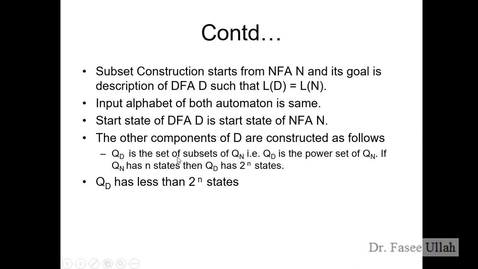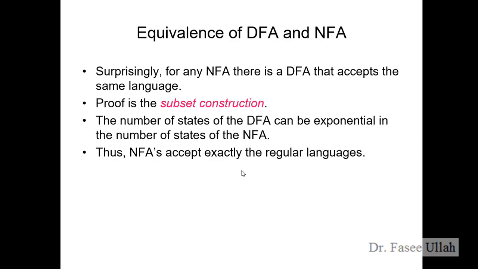We know that Q of D is the set of subsets of Q of N, right? This is the whole set and this is the subset of Q. For example, Q of D is the power set of Q of N. We already know 2 to the power N. It is actually double, because we know about exponential growth, right?